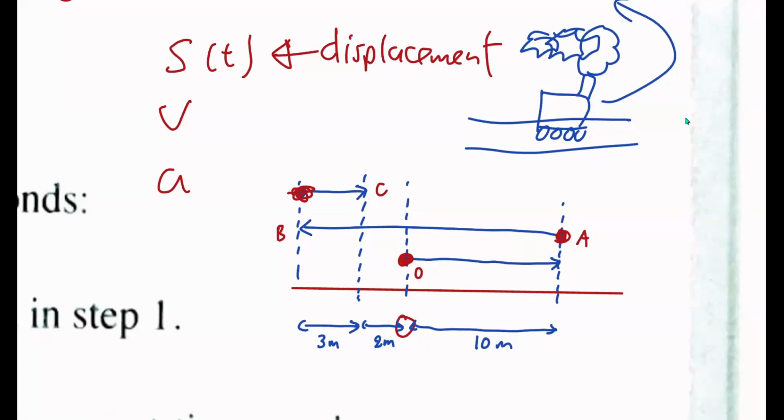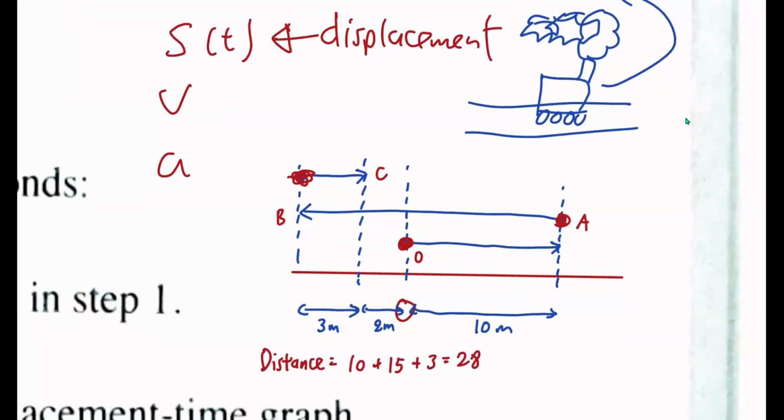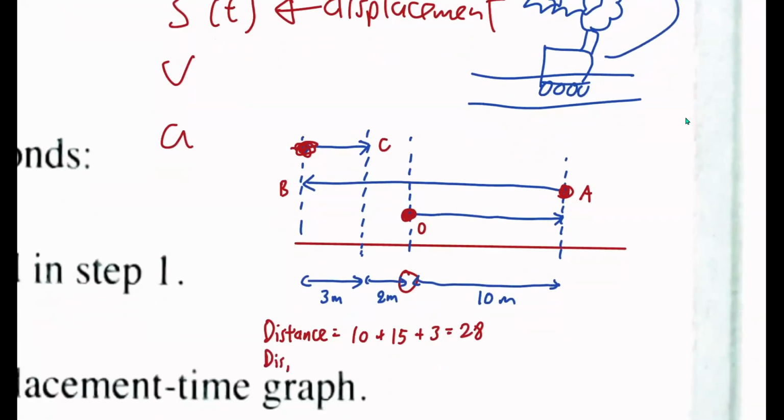So what you see is that distance is different from displacement. Let me write this down first. Distance equals 15 plus 10 plus 3, which is 28. But the displacement in this case, what is it? It's 2. No, it's -2, because it's towards the left.